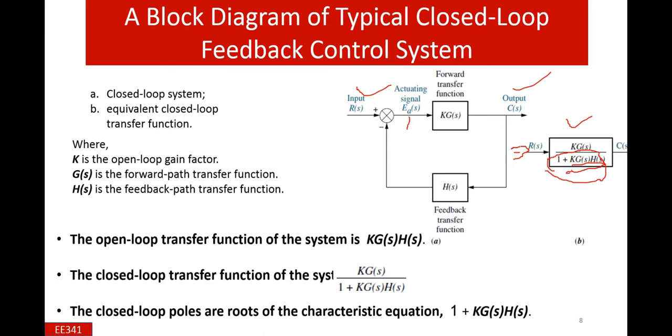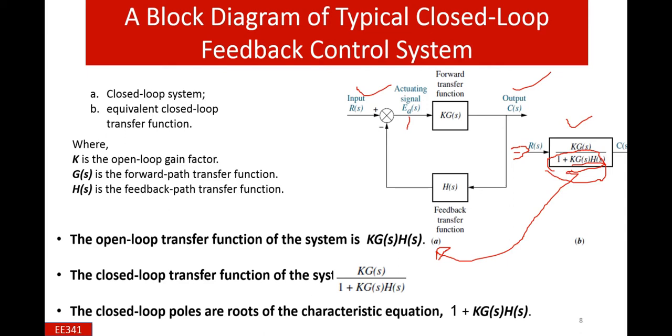Only this part is the open loop transfer function. Usually the open loop transfer function is only G, where H(s) is equal to 1 and usually K equals 1.